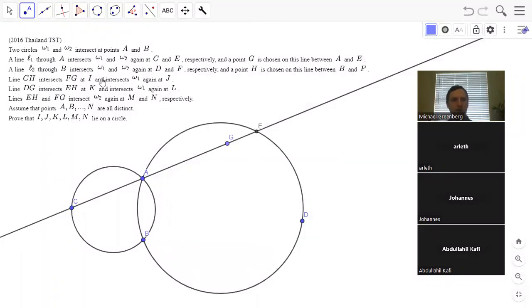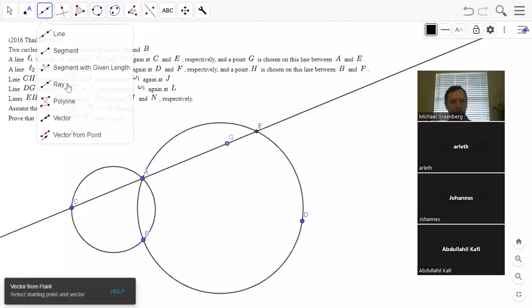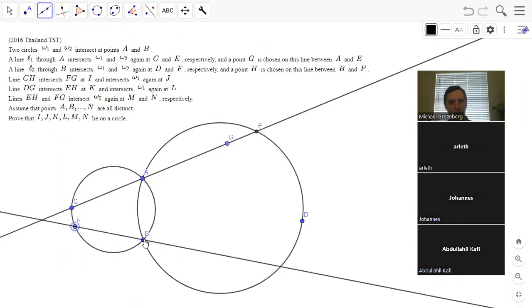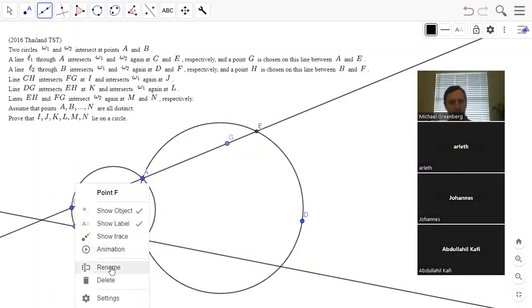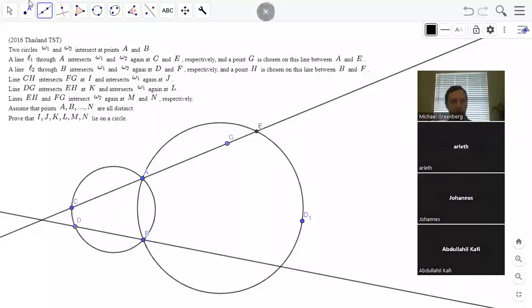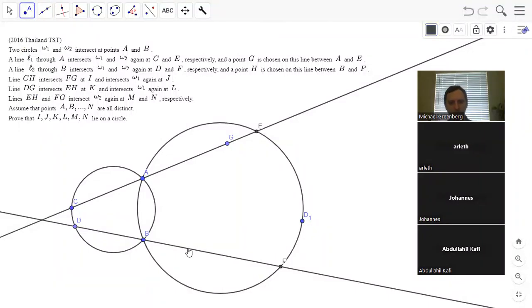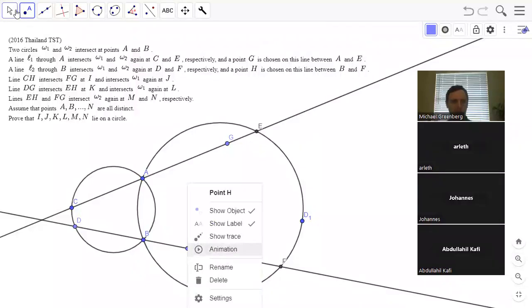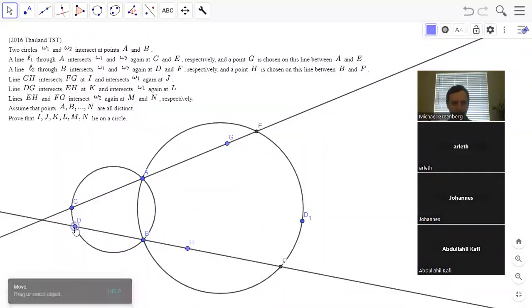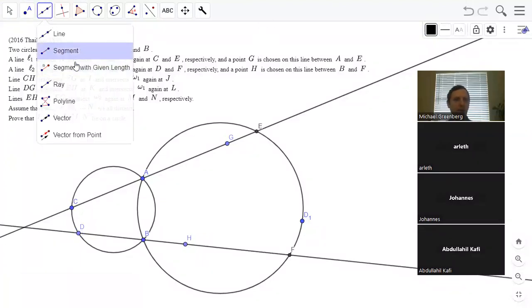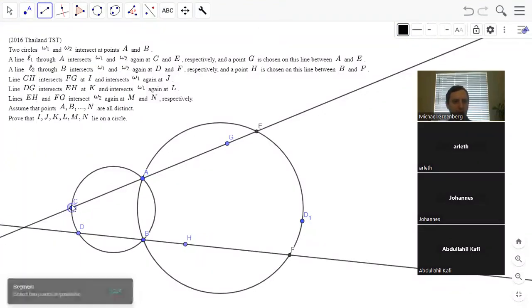This is G, and now we are going to draw a line through B, and this should be D, and this should be F. So you can choose all these points however we want. CH intersects FG at I.